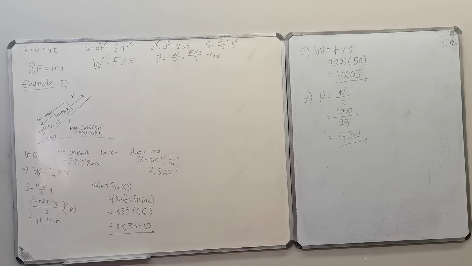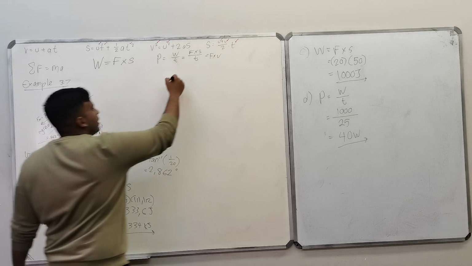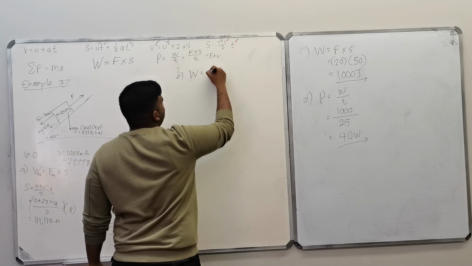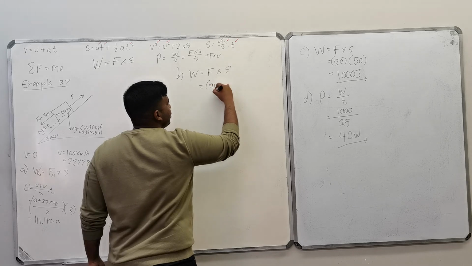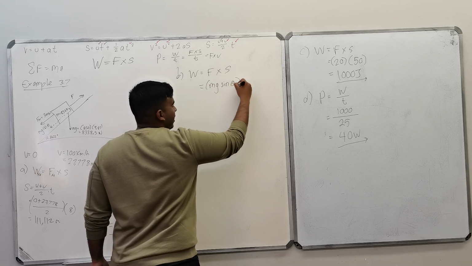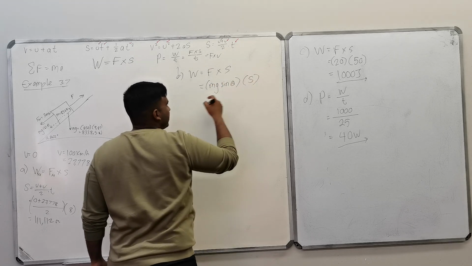Calculate the work done against the gravitational component parallel to the plane. Which force are they talking about? This force, your gravitational force. So, remember, work is equal to force times distance. This force is mg sine of the angle times whatever distance.